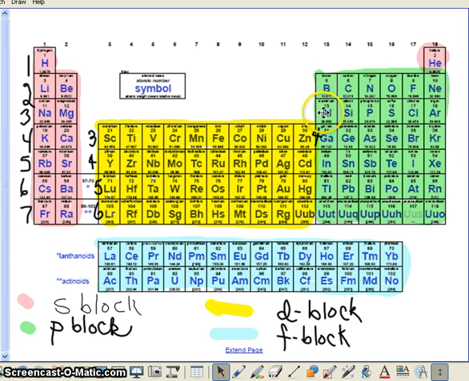So this is the 3P. This row is the 6P. This is the 5D row. So make sure when you're writing your electron configurations, you know that the D block, the number that precedes the D, is 1 less than the energy level, the period, for the element.